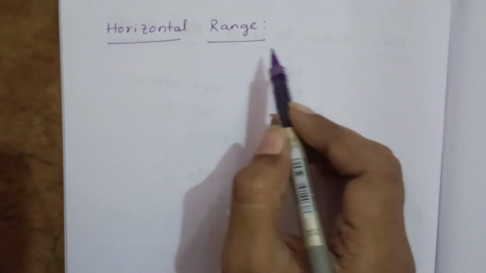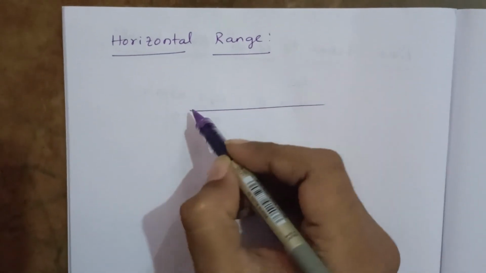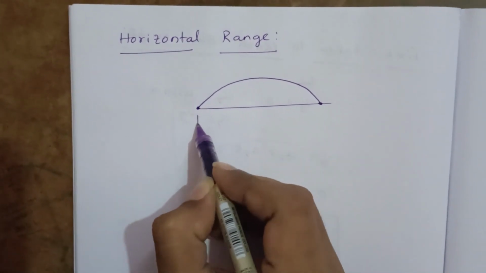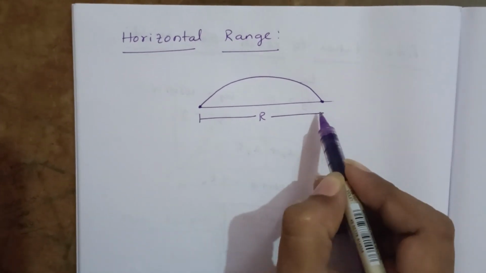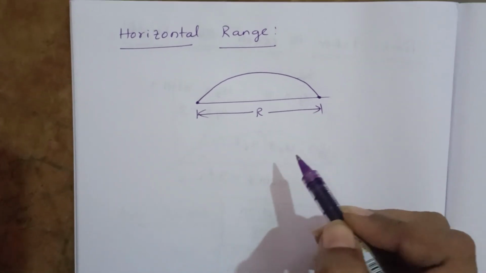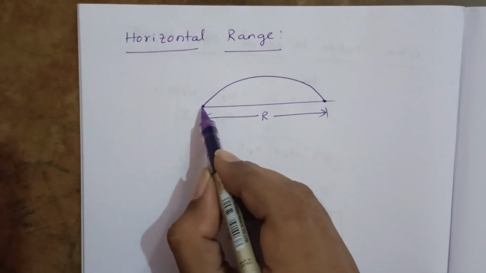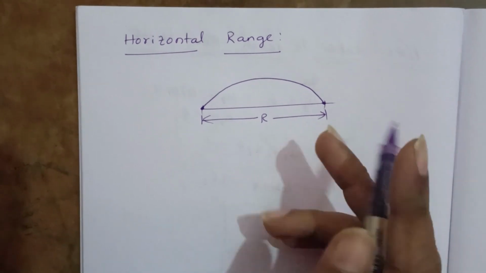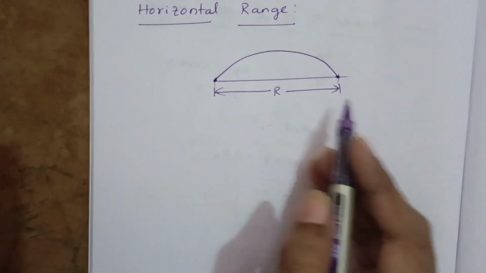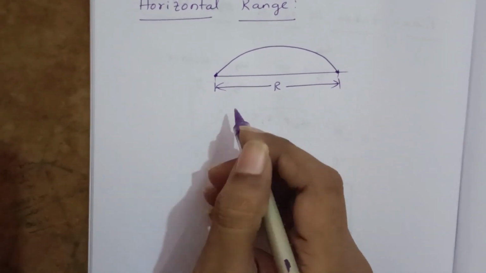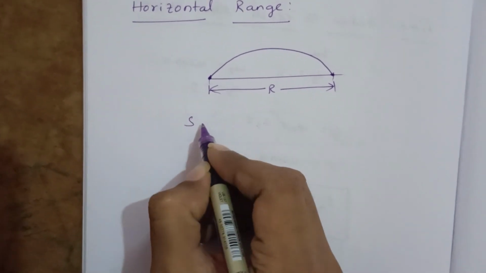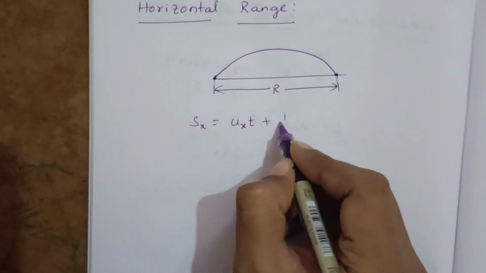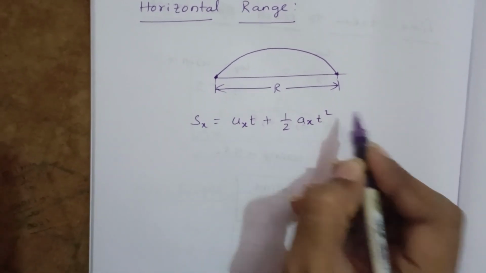Now, horizontal range. Horizontal range in the sense, if a projectile takes this path, the distance covered along the x-axis is the horizontal range. It can be taken as the displacement on the x-axis. To find displacement on the x-axis, we can use S equal to ut plus half at square.